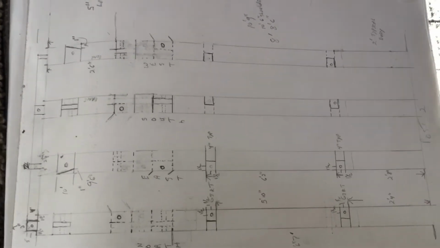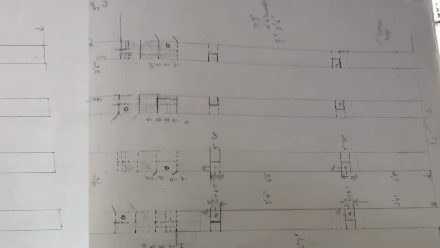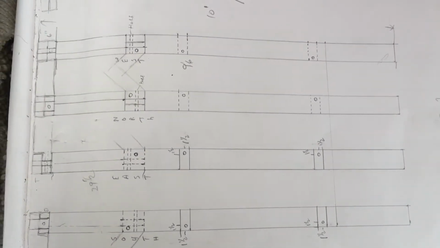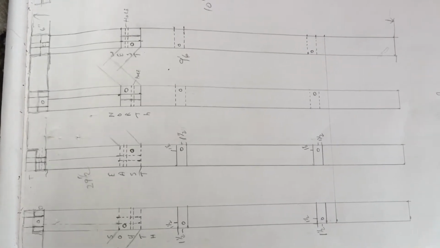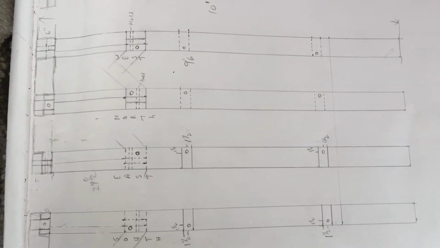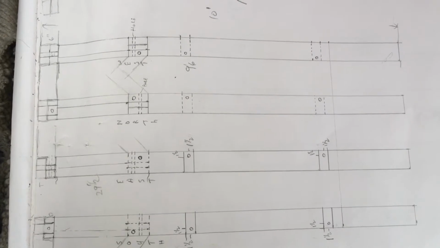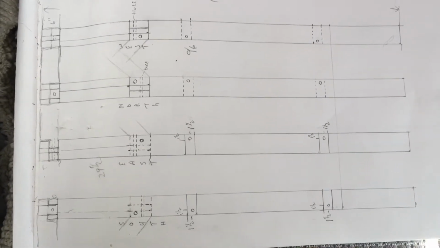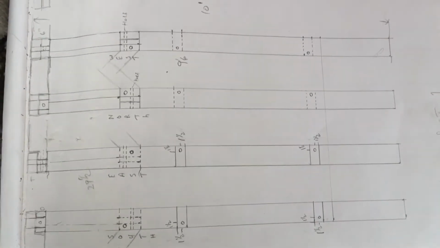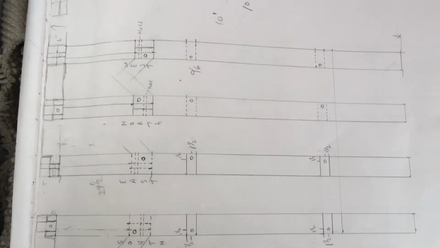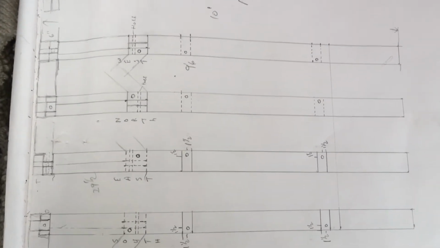This happens to be post number 2. This happens to be post number 1. Again, south, east, north, and west with dimensioning, to make it easier when I go to lay this out and actually make the cuts.